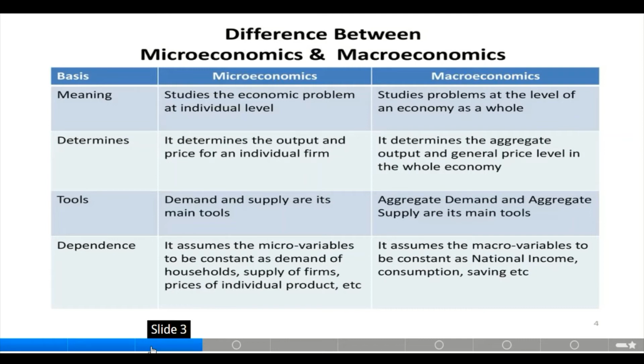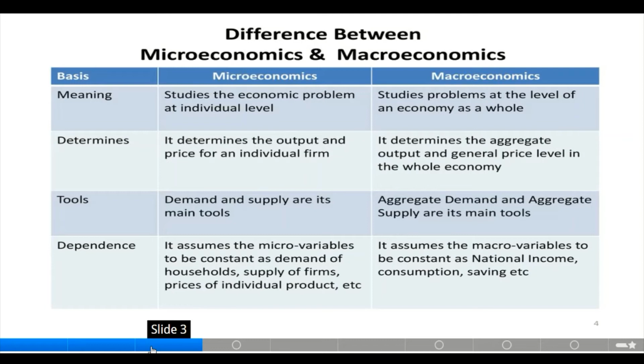Based on what is determined, microeconomics determines the output and price of an individual firm, while macroeconomics determines the aggregate output and general price level in the whole economy.